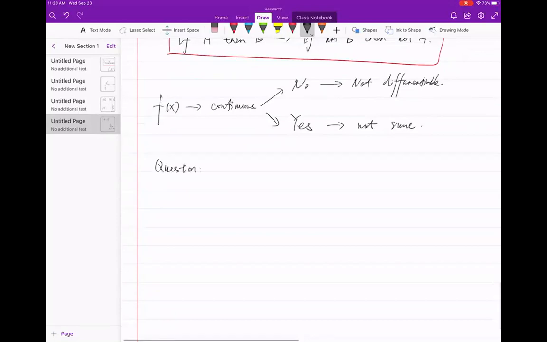Can you think of a function which is continuous, but not differentiable? Can you? Aaron, what do you have?